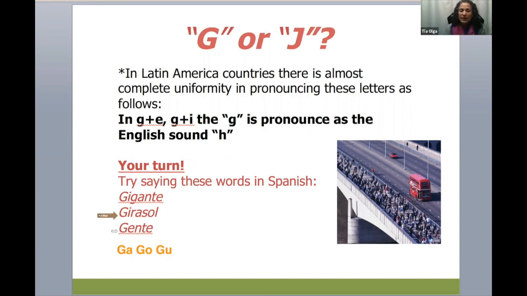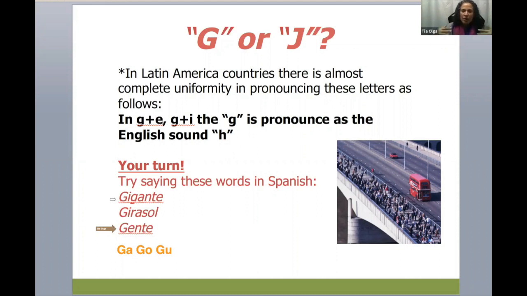We have here gente. Try one more time: gigante, girasol, gente.